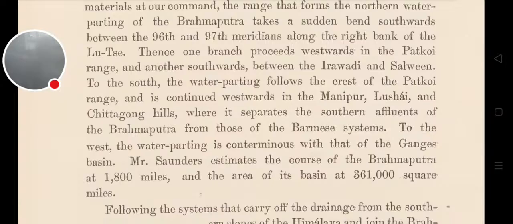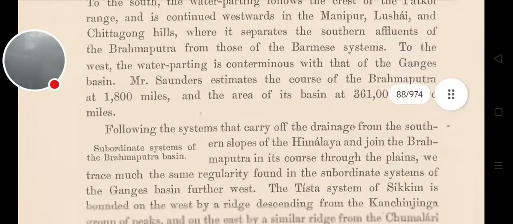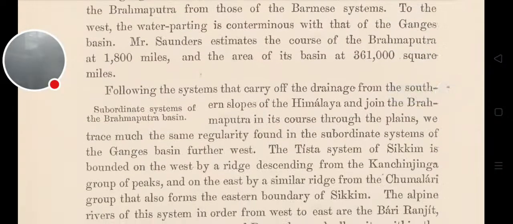To the south, the water parting follows the crest of the Patkoi range and is continued westwards in the Manipur, Lushai and Chittagong hills, where it separates the southern affluents of the Brahmaputra from those of the Burmese systems. To the west, the water parting is conterminous with that of the Ganges basin. Mr. Sanders estimates the course of the Brahmaputra at 1,800 miles and the area of its basin at 361,000 square miles.